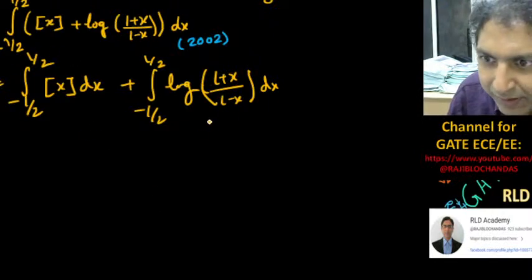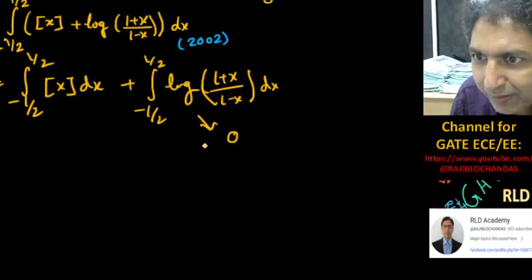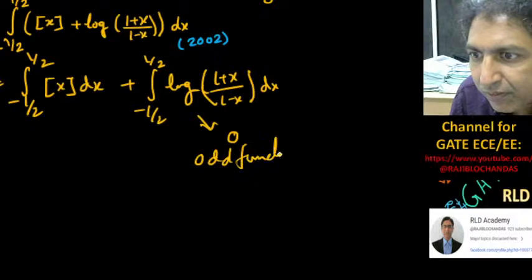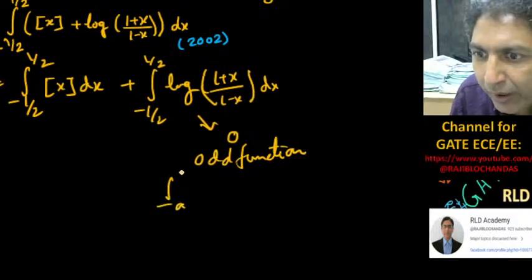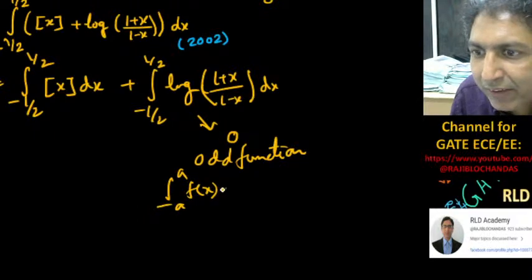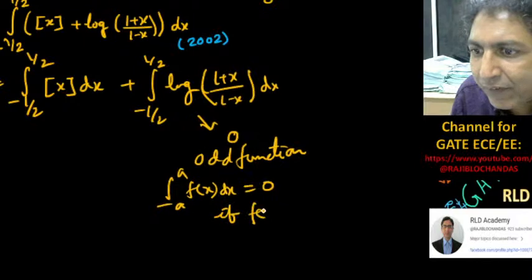So the second term is absolutely 0. Why? It is an odd function, and we understand that the integral from minus a to a of f of x dx equals 0 if f(x) is odd.